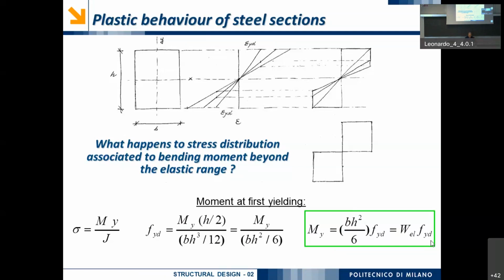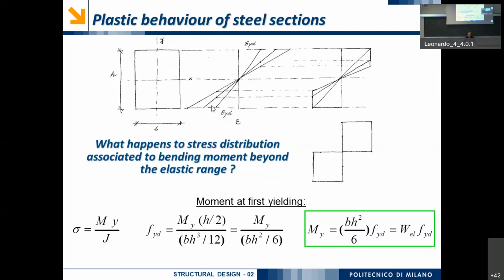So, it is possible to assume that when the bending moment is larger than the yielding moment, our cross-section continues to rotate by remaining plane. Okay? But now, for example, let us assume that the profile of strain is this one.